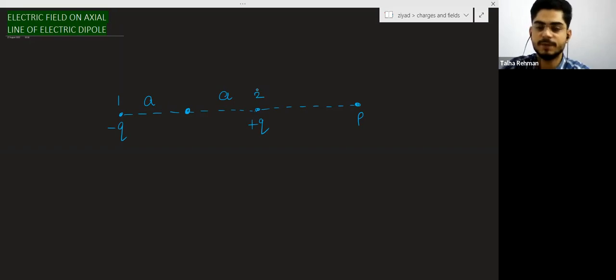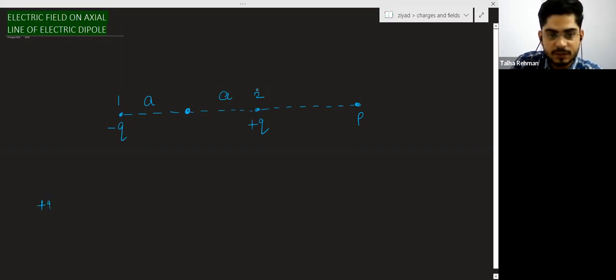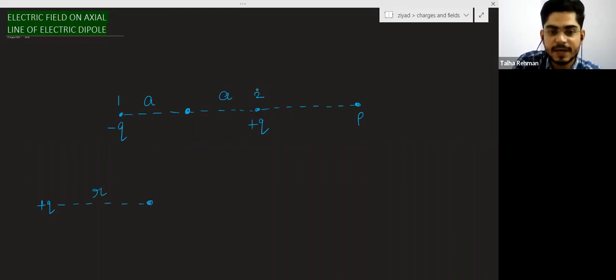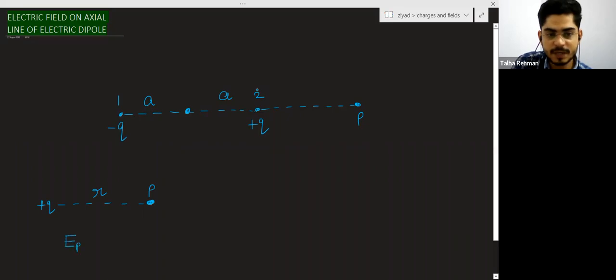And Ziyad, if I have a charge and I want to calculate the electric field at a distance r, at this point, what is the value of the electric field at the point P? What is the formula I have told you?